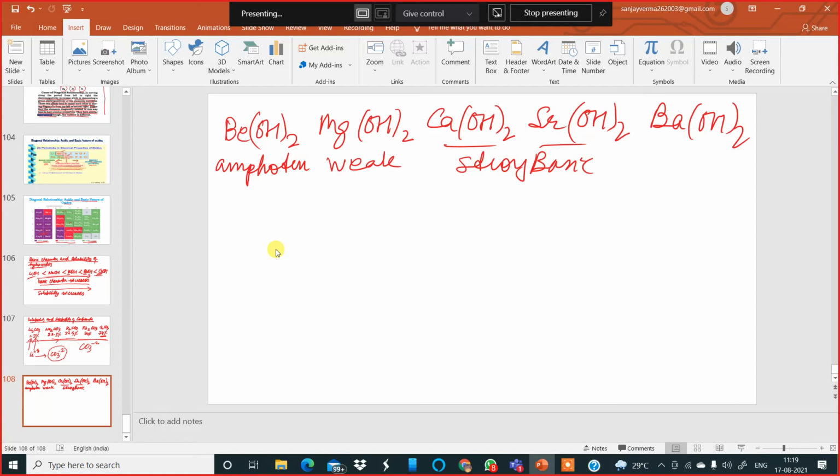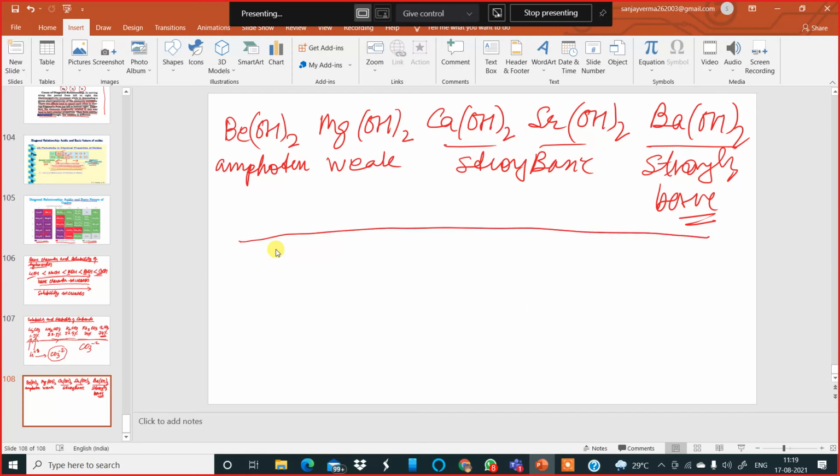The last one, barium hydroxide, is very strongly basic in nature. So here you have to remember this order: the basic character increases when you move from beryllium hydroxide to barium hydroxide.